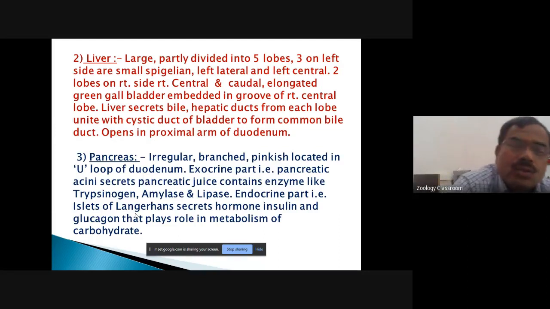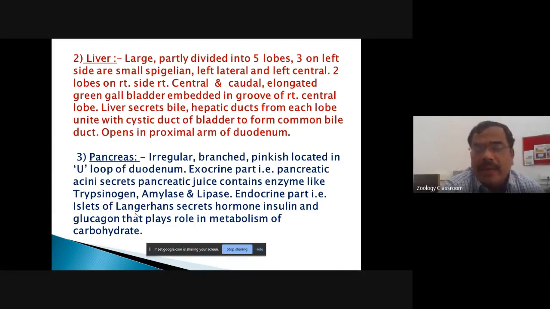Now come to the other two glands, that is the liver and the pancreas. I already told you the liver is partly divided into the right lobe and the left lobe. So a total of 5 lobes are there. On the left side, the left lobe is divided into 3, while on the right side, the right lobe is divided into 2 lobes.